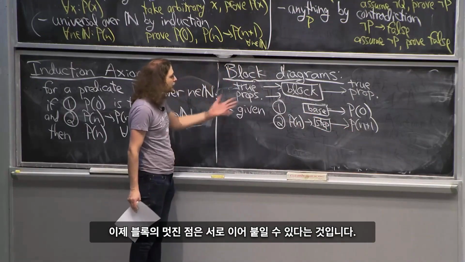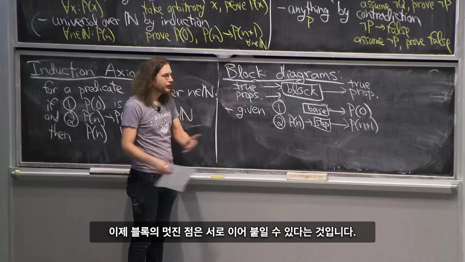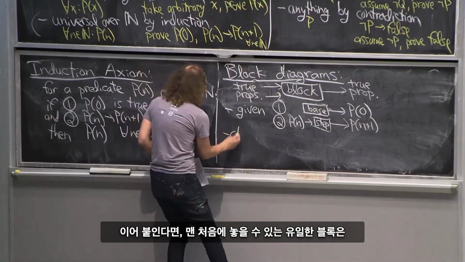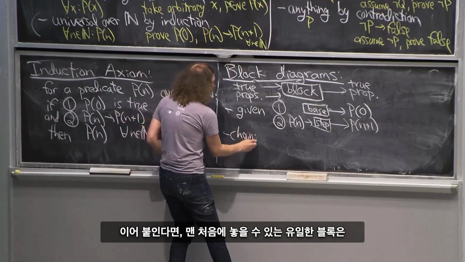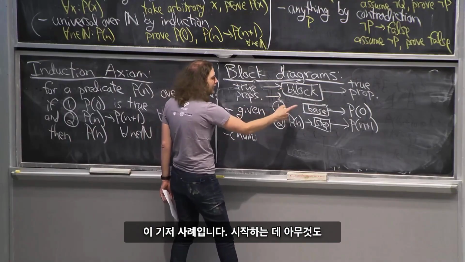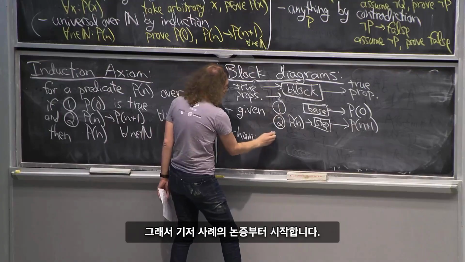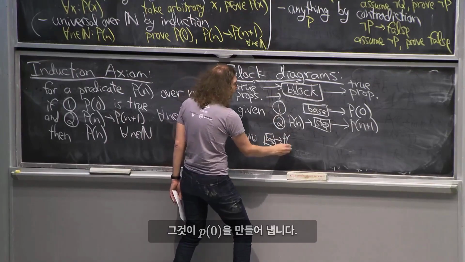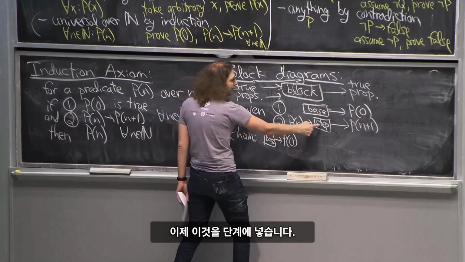Now, the cool thing about blocks is you can just chain them together. The only block we can place first is the base case, because it doesn't need anything to get started. So we start with the base case argument. That produces P of 0. Now we plug this into the step.